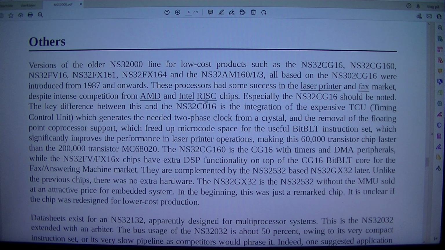These processors had some success in the laser printer and fax market despite intense competition from AMD and Intel RISC chips. Especially the NS32CG16 should be noted.